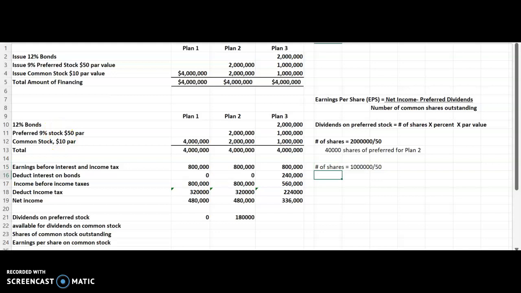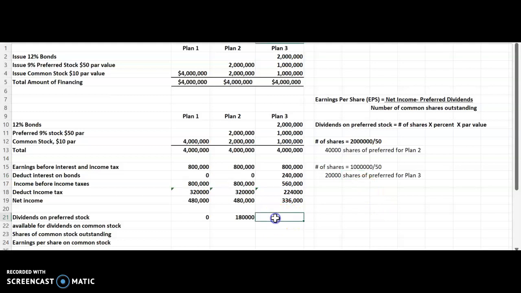So let's do that. And you will get 20,000 shares of preferred for Plan 3.